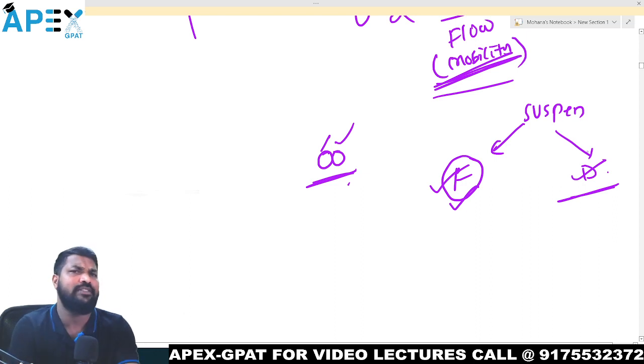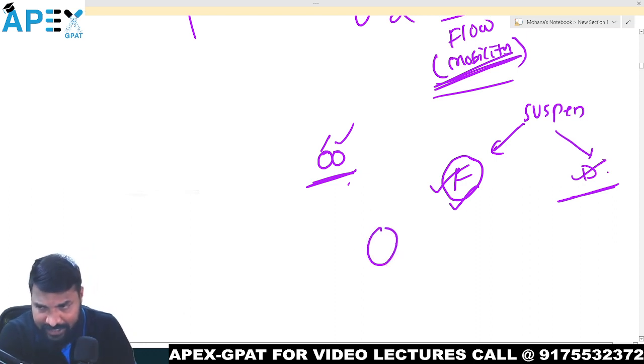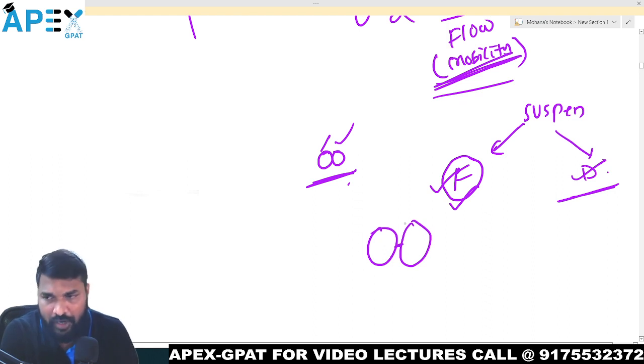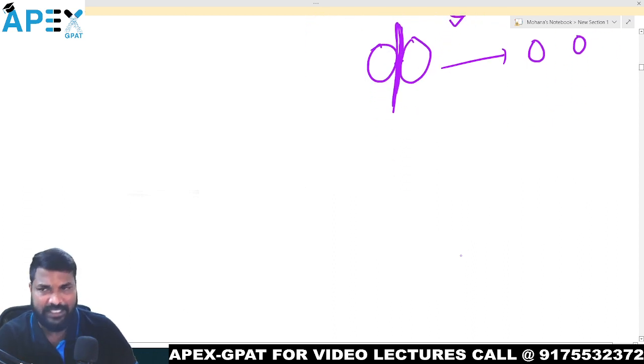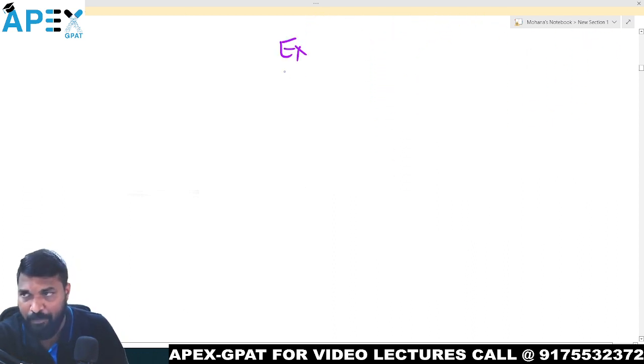Answer is flocculated suspension, because there is a floc and an interaction. Now we need to break this interaction, then it will start flowing. That's why flocculated suspension is the best example for the plastic flow.